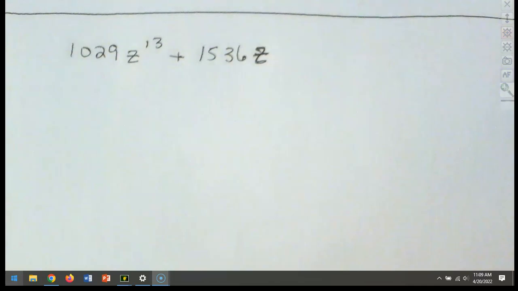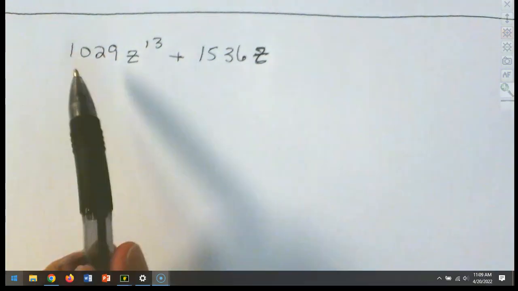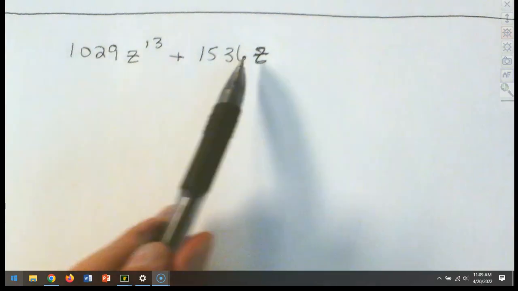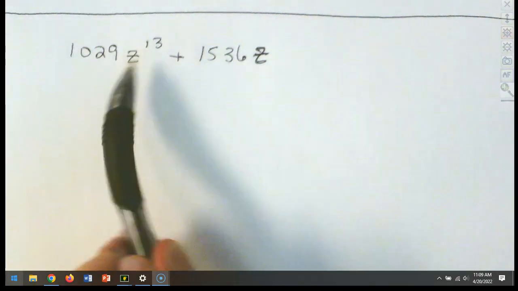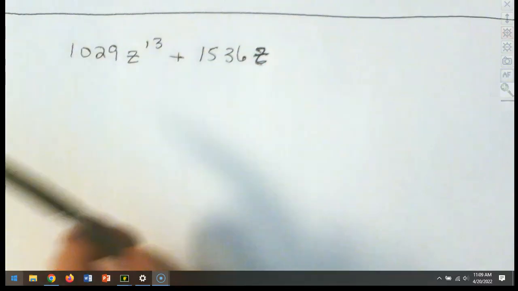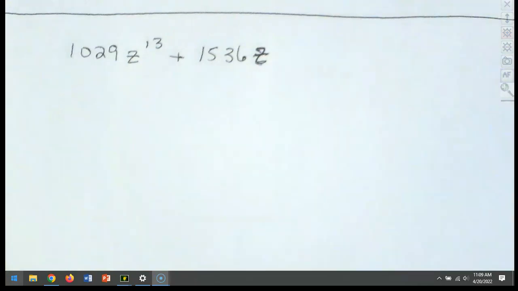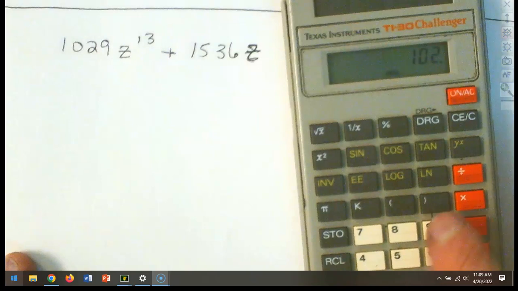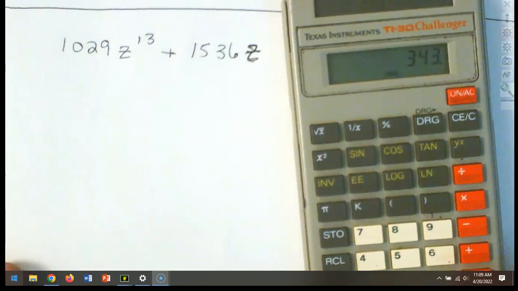So when we look, these don't have a 2 in common, but they're odd numbers. So let's see if a 3 is in common. And I know something's going to come out because we got a z there, right? And so I know at least a z will come out. I think these might have a 3 in common. Let's see, 1029, when we divide that by 3, that gives us 343.